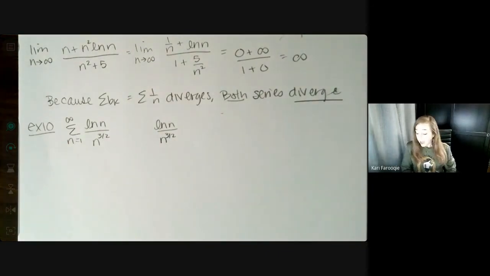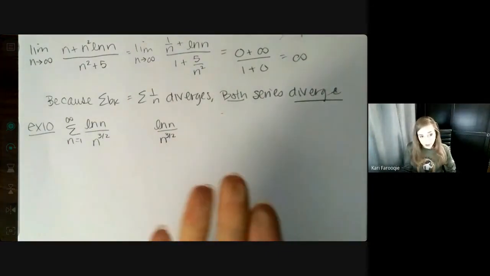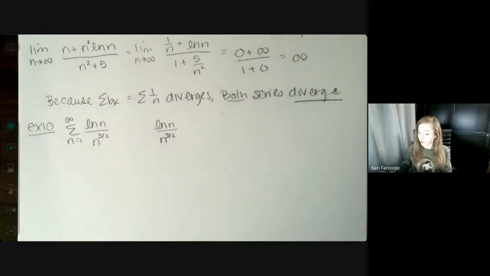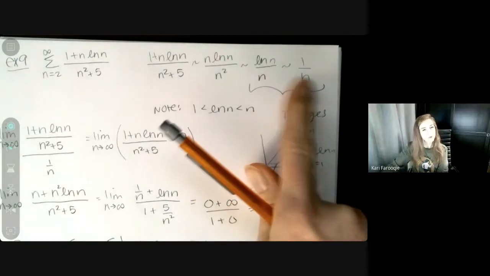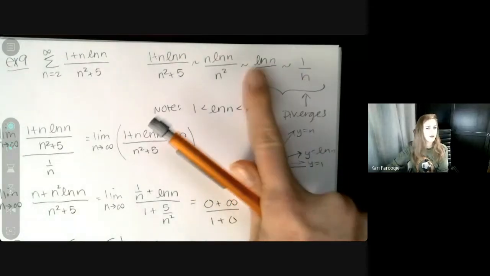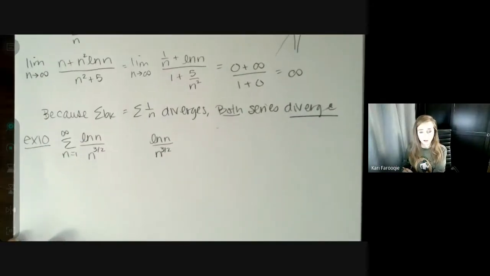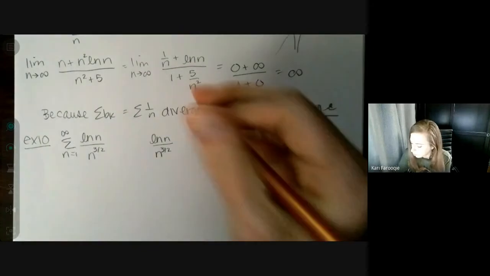Okay, so in the last example, remember that when we had natural log n over n, we said that it was approximately equal to 1 over n, because natural log n grew so slowly that we just kind of approximated it to 1. We're going to do the same thing here.